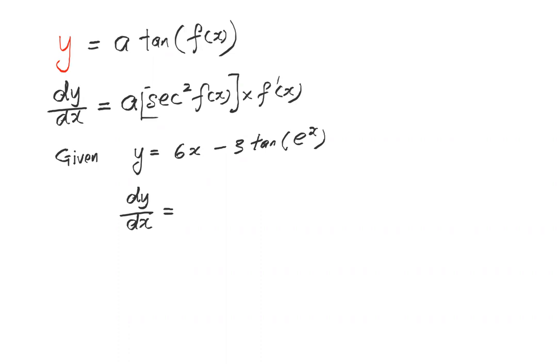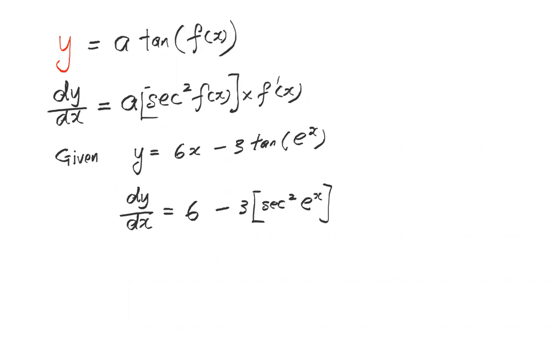6x, you get 6. So whatever you have learned about the differentiation, you also have to bear in mind. I can mix. So this will be 6. Take away 3. You differentiate tangent, what do you get? Secant squared e to the power of x.